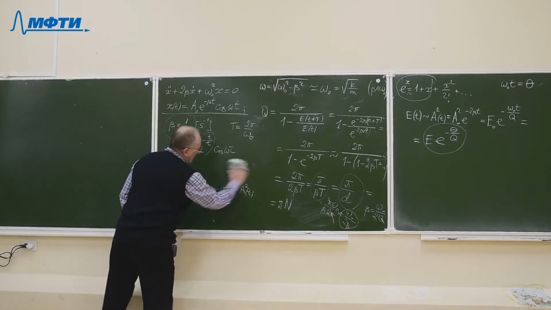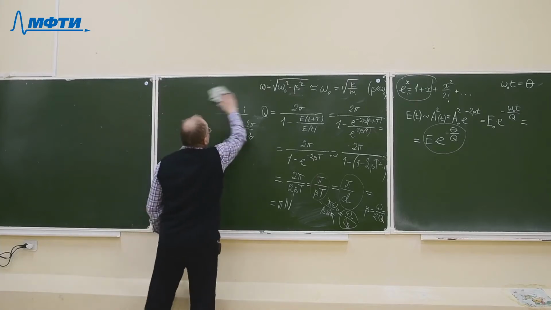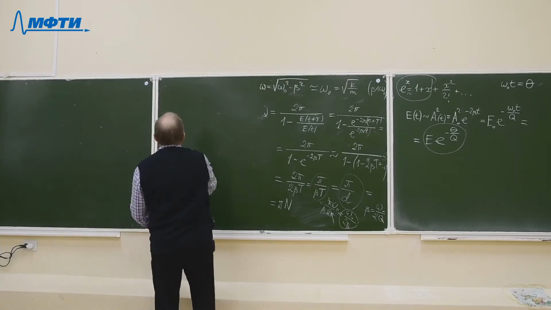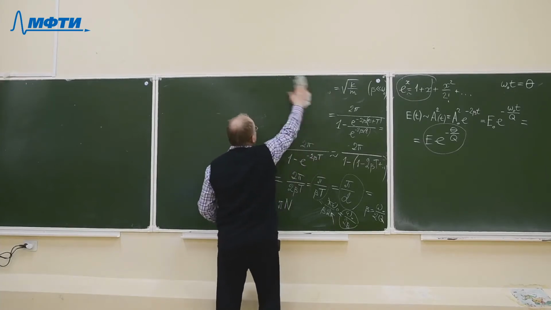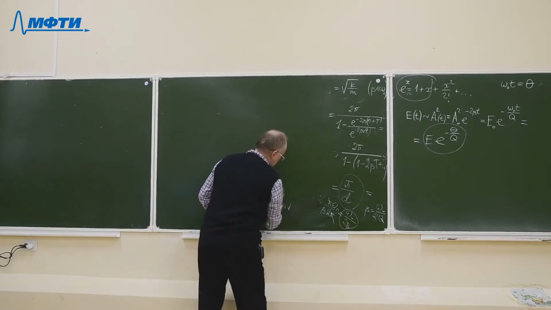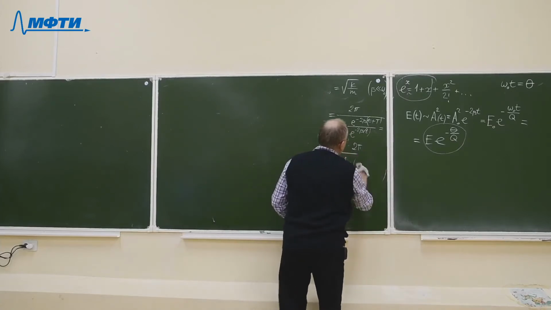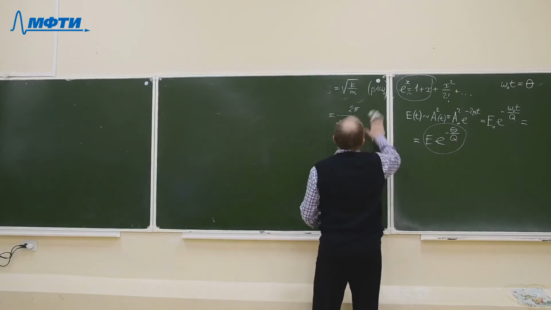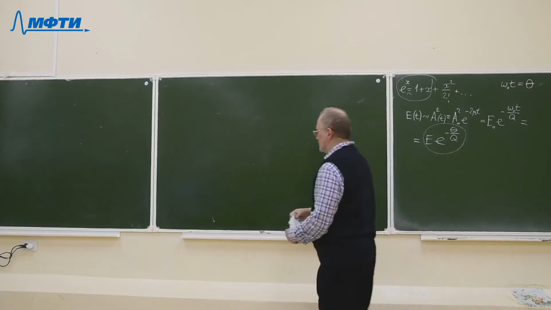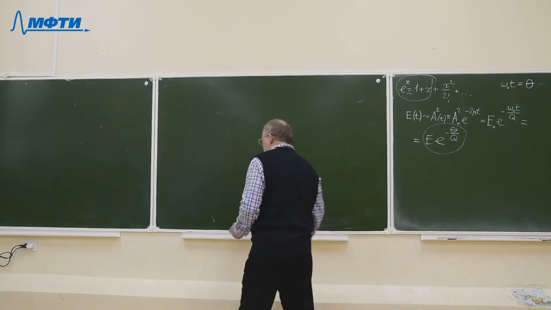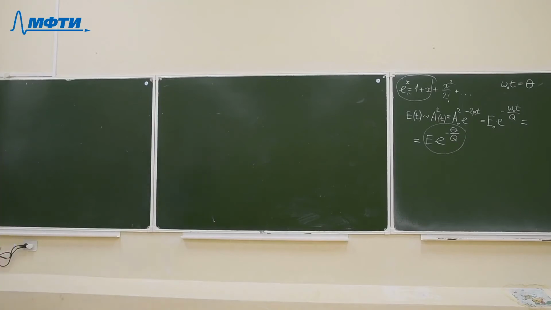This term, forced oscillations, means that the oscillations do not go by themselves, but are somehow forced by an external agent, by external forces. Some external force acts on the oscillating system.